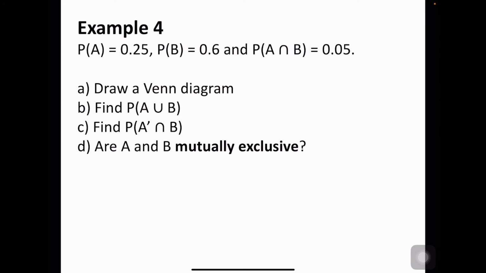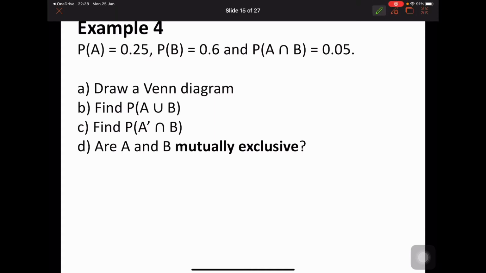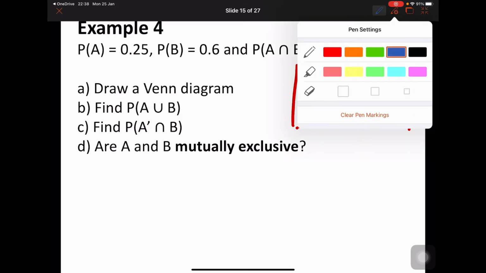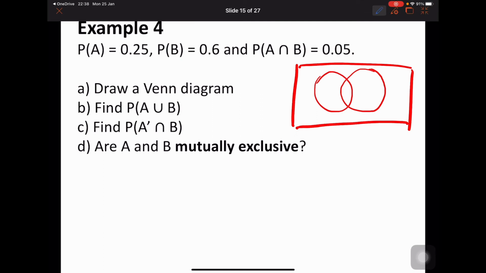Example 4, we have to draw a Venn diagram. So use the information to draw a Venn diagram. Okay, let's do that. My intersection is too small, I think, but I'm hoping that is alright. 0.05.